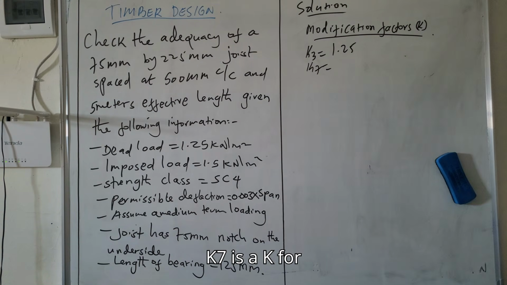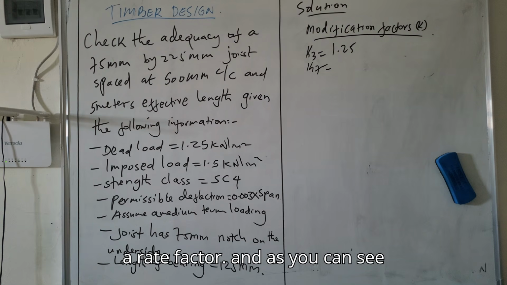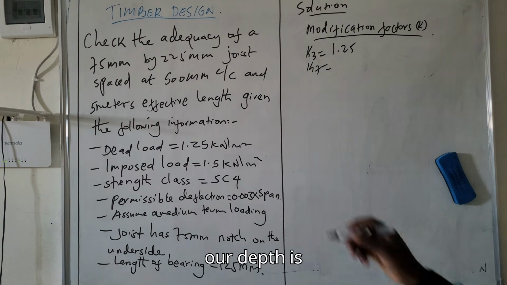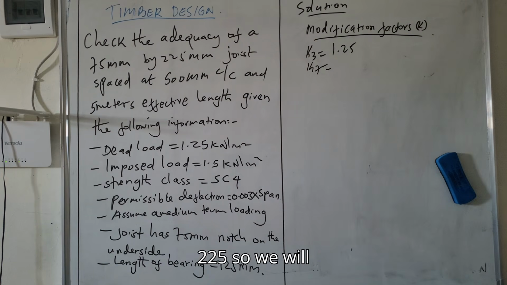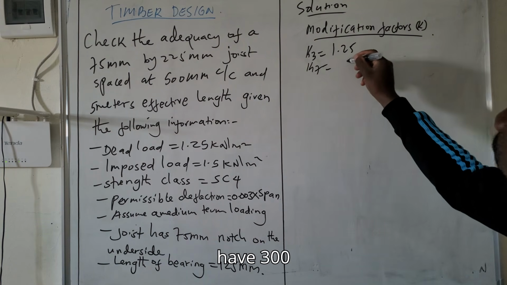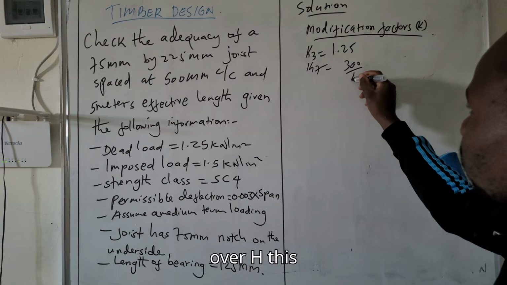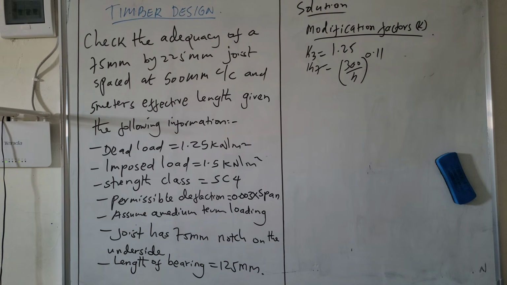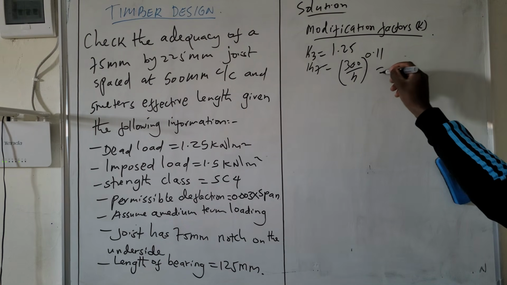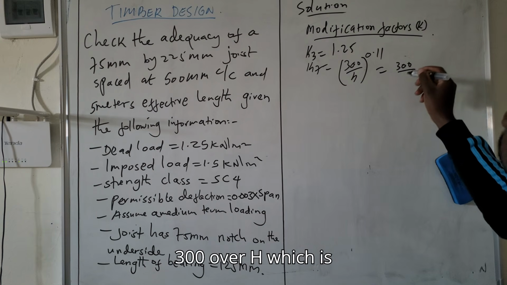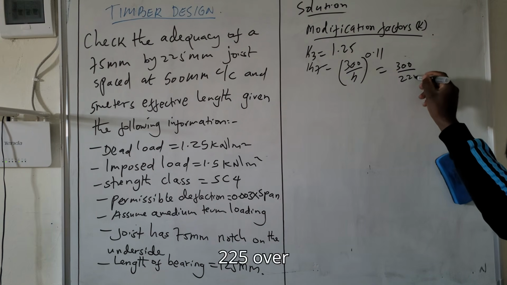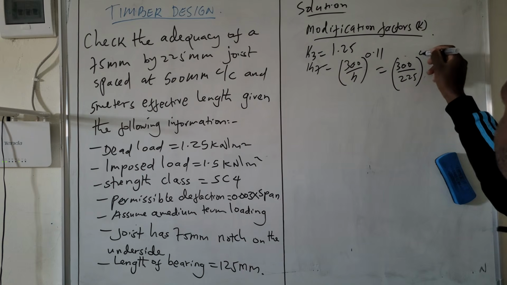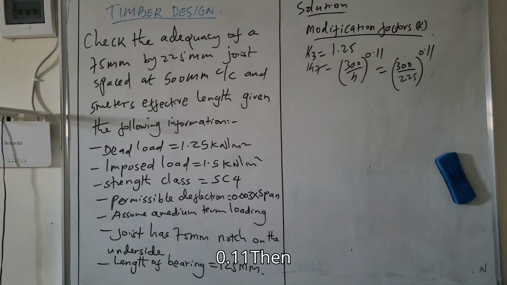So K7 is a K for a depth factor. And as you can see, our depth is 225. So we will have 300 over h raised to power 0.11. So for this case, our h, 300 over h, which is 300 over 225 raised to power 0.11. Then you can punch your calculator and get the answer.